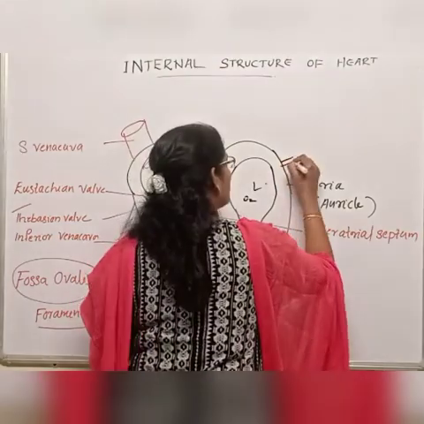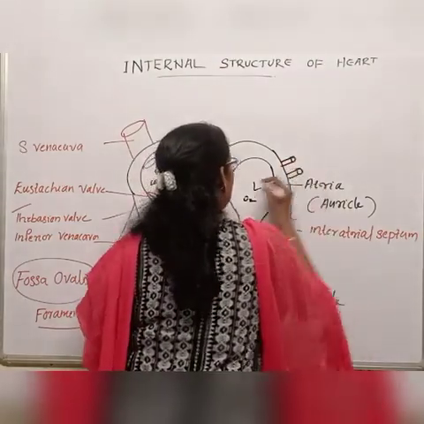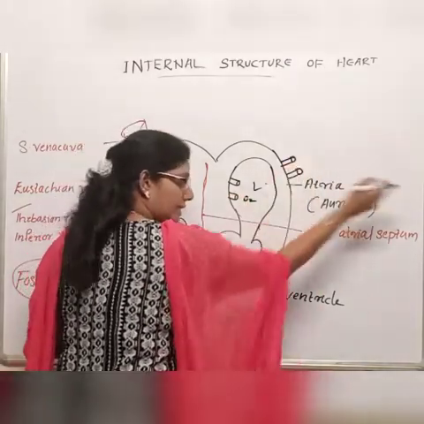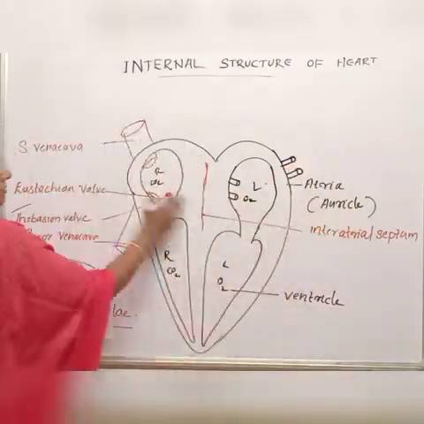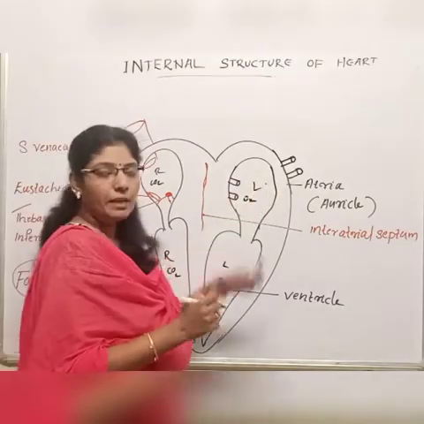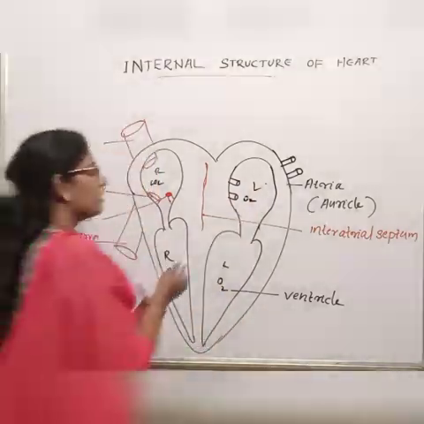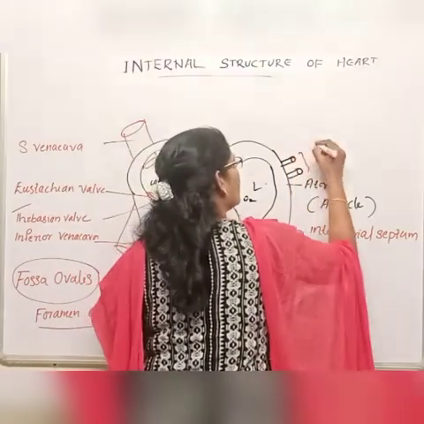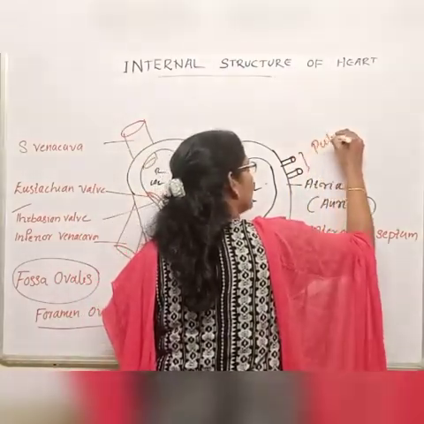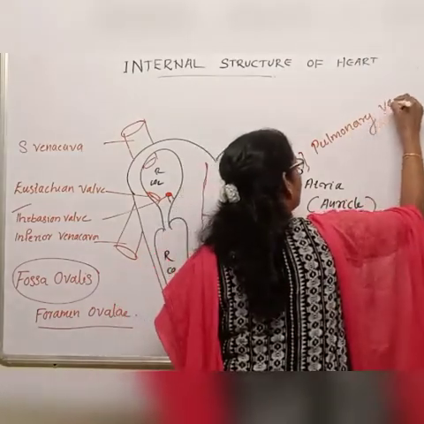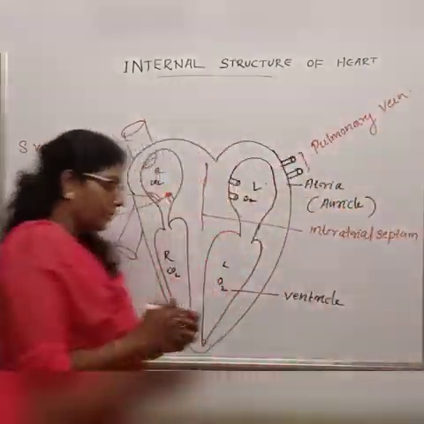These two pairs of pulmonary veins will bring the oxygenated blood to the left atrium. This is called the pulmonary vein.